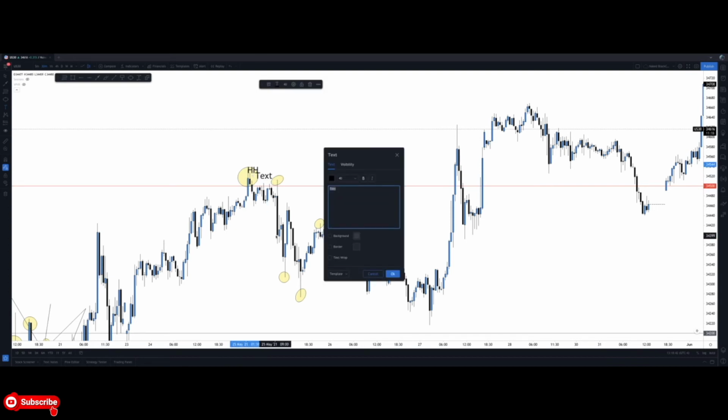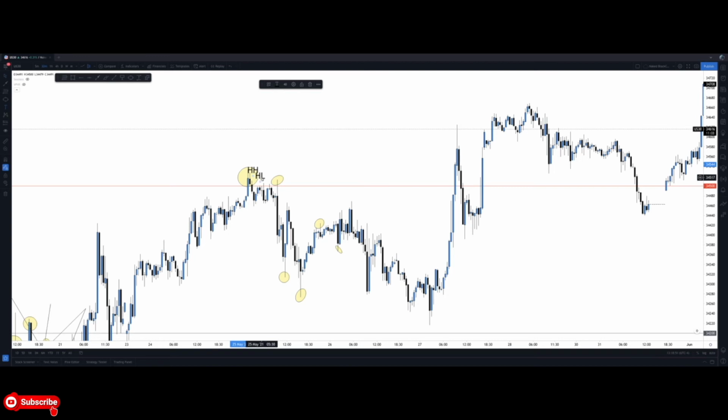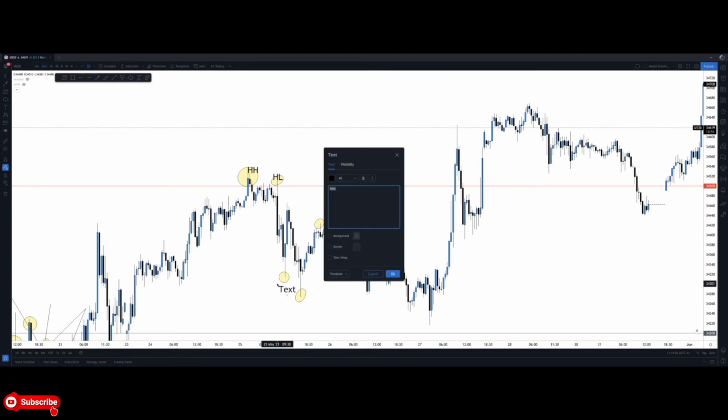Price comes down, retraces, makes a higher low. Why is it a higher low? Because price is still respecting this trend right here. This high was never broken, anticipating price could still possibly come down. So then what happened? Price came down, made a lower low all the way down here, made a lower low.